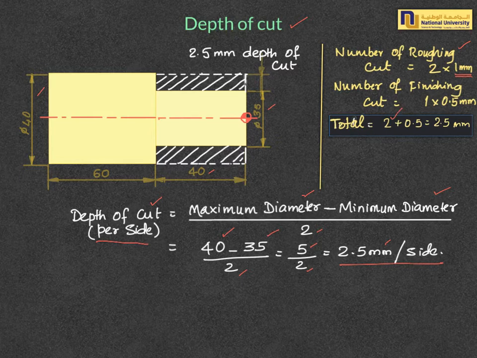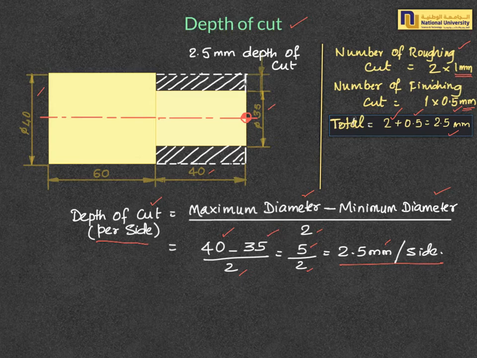Then one finishing cut of 0.5 millimeter. If it is added, you get an answer of 2.5 millimeter per side. So overall, it will be removing 5 millimeter diameter. So 40 minus 5 will get you 35 millimeter as the output diameter. So this is how depth of cut and the roughing and finishing cuts are calculated.